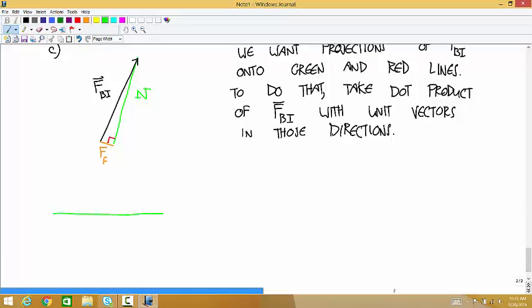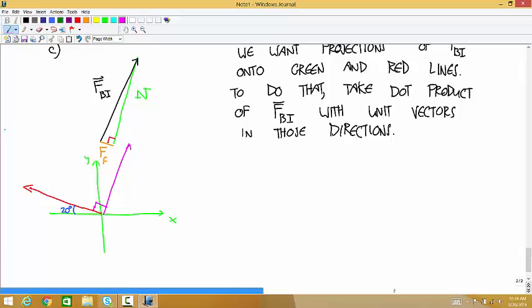So how are we going to do that? Here's our coordinate system. We know that this angle is 20 degrees. And we know that this angle is perpendicular to the red one.